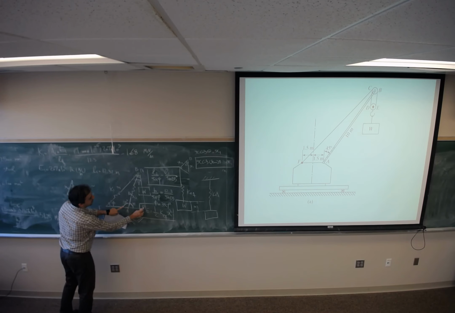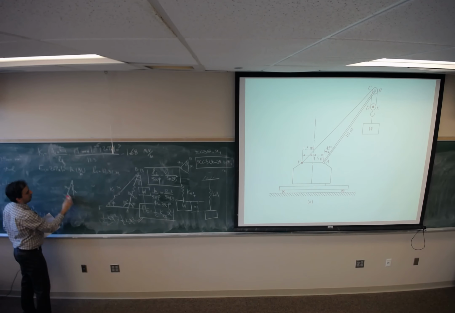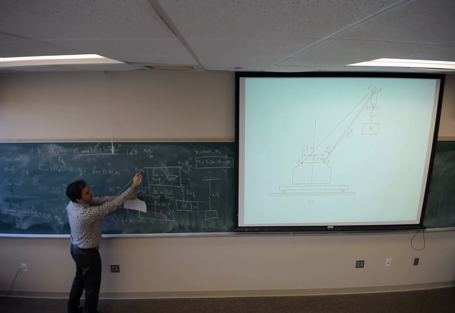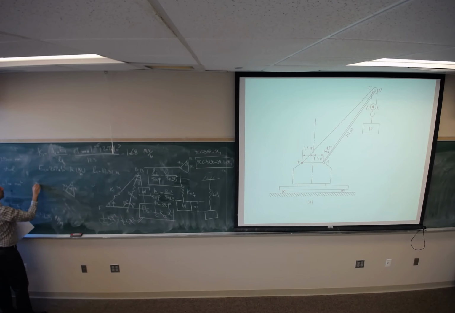This is 90, so gamma is going to be 45 degrees. So if this is moving by the value of x, this is going to move by x2. And x2 cosine of 45 would be x. Now I'm writing this equation.